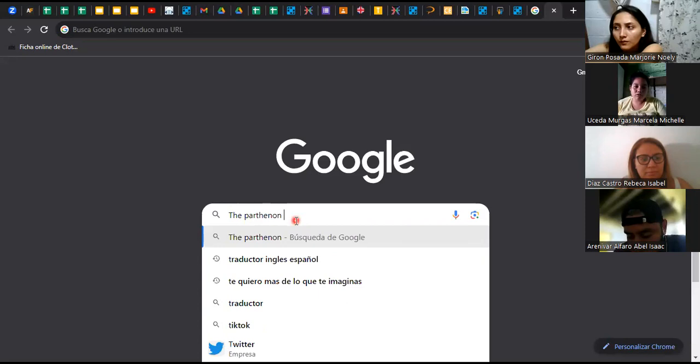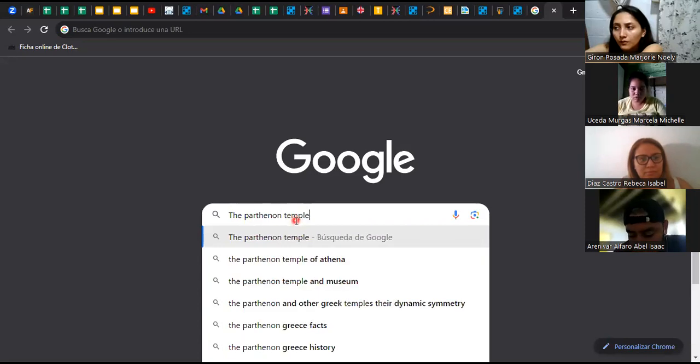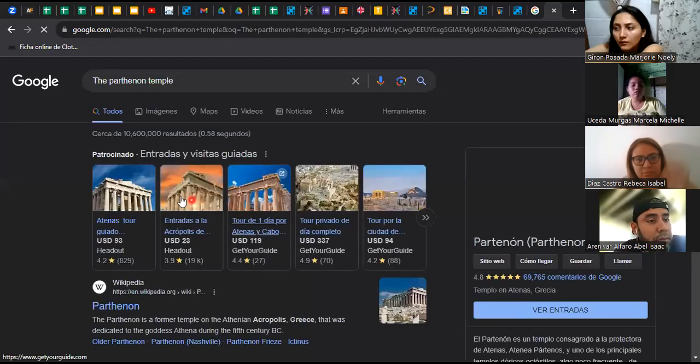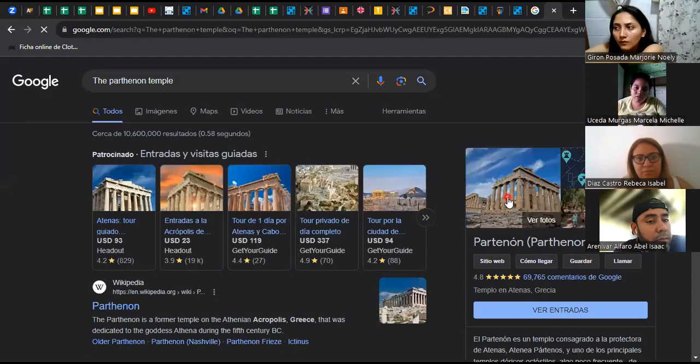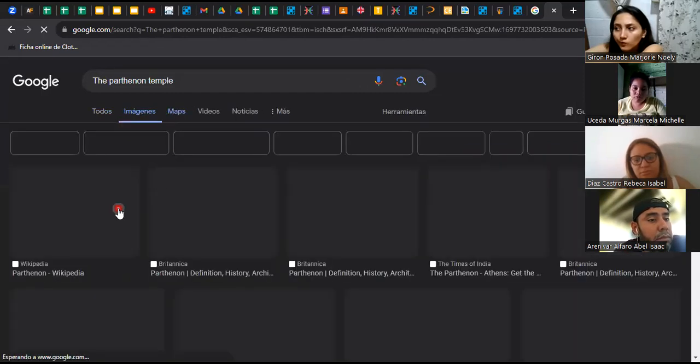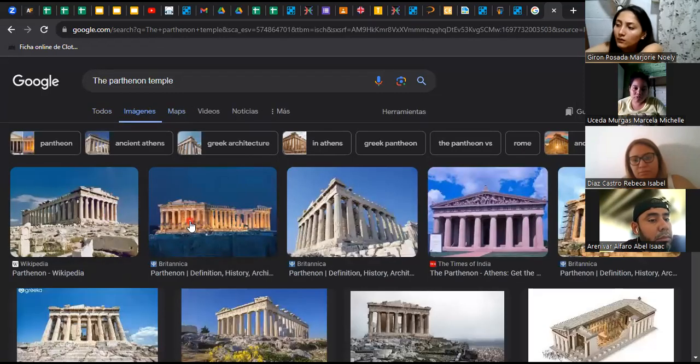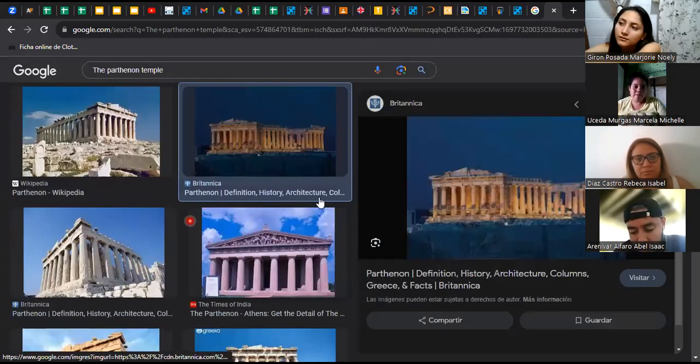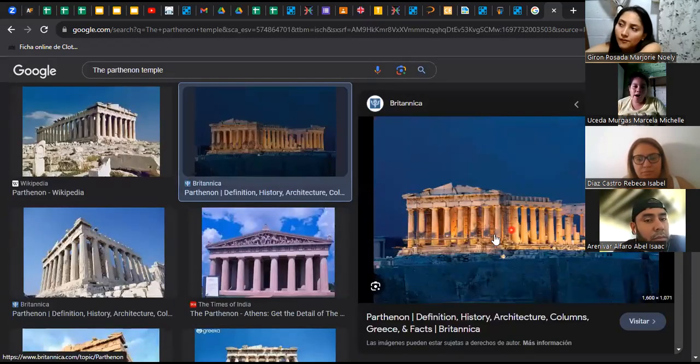Maybe when you see the picture, you will say, "Ah, yes, I know that place," but I didn't know the name. This is the Parthenon. Have you ever seen it in movies or video games? Yes. Okay, this is the Parthenon in Greece. Beautiful, right?